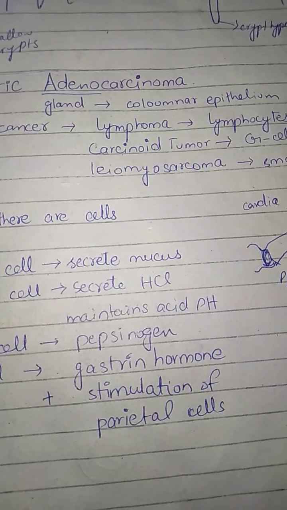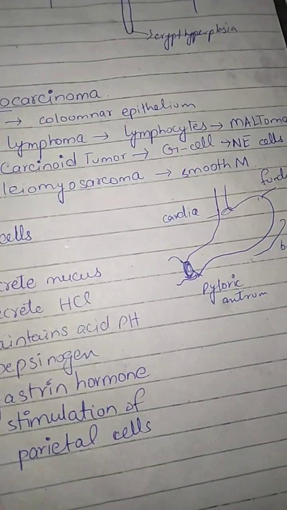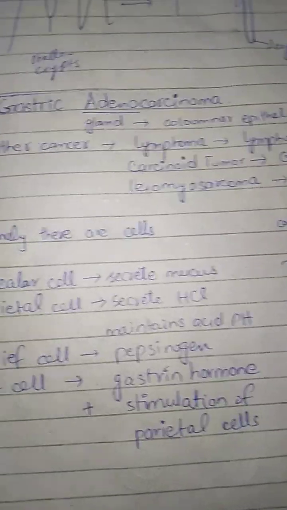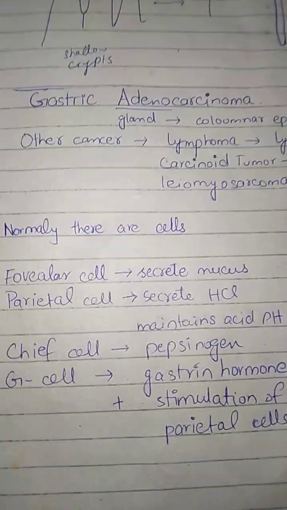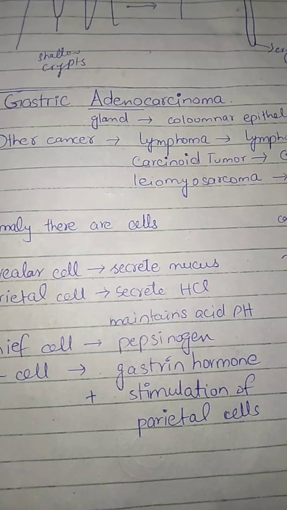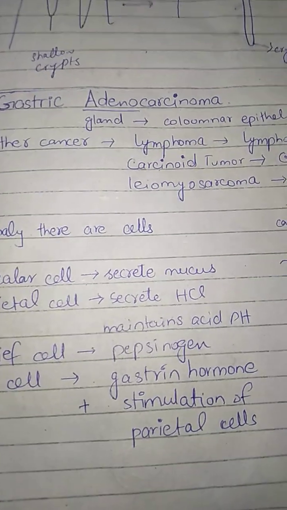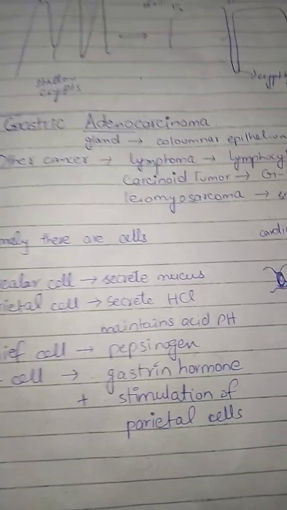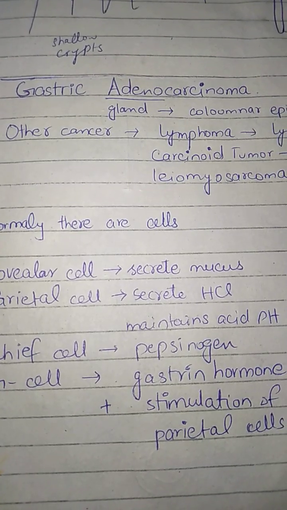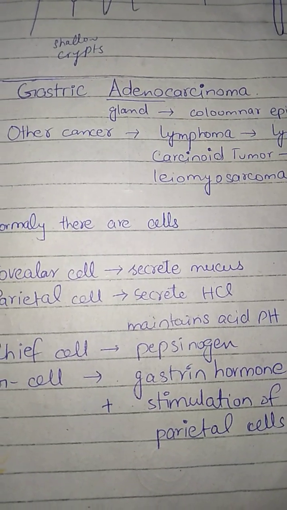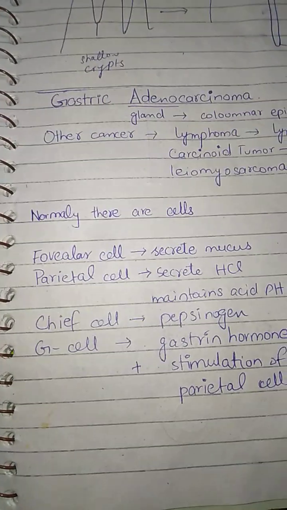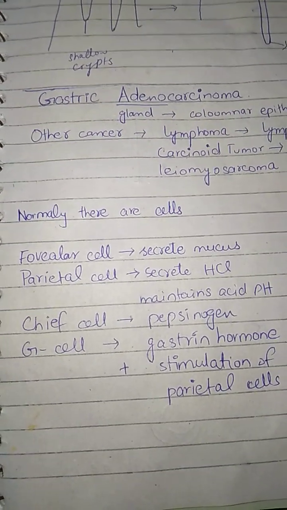Other one is the leiomyosarcoma that arises from smooth muscles. These are a few cancers that may be present in the stomach. The most common among these is the adenocarcinoma. So, let's discuss the adenocarcinoma in detail.